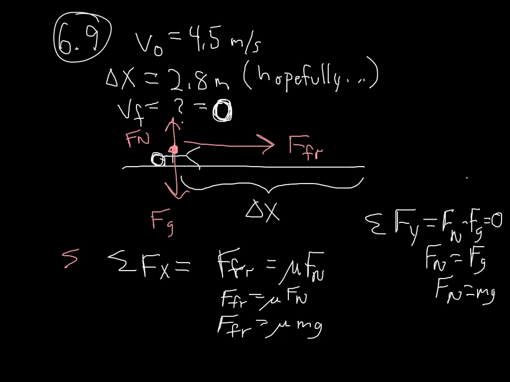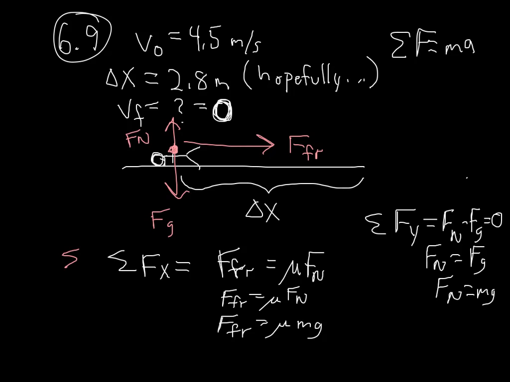Oh boy, how does this help me? Anytime I'm writing the sum of forces, what is that always equal to? What's Newton's second law? Force equals ma. Sum of forces is always equal to mass times acceleration.